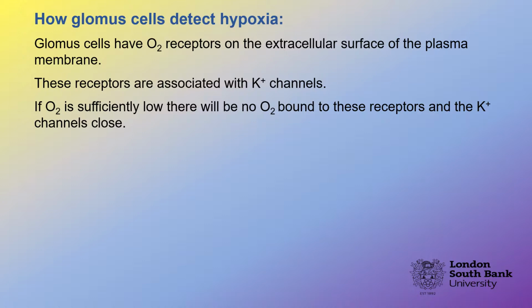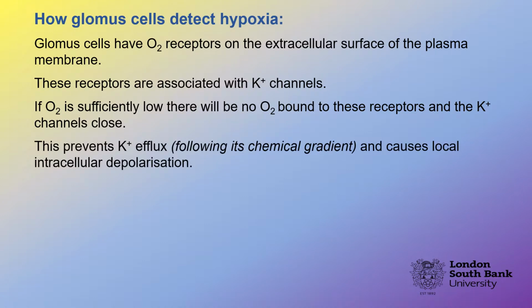When no oxygen is bound to the receptors, the potassium channels close. This stops potassium from effluxing following its chemical gradient. And this retention of potassium causes a local intracellular depolarization.